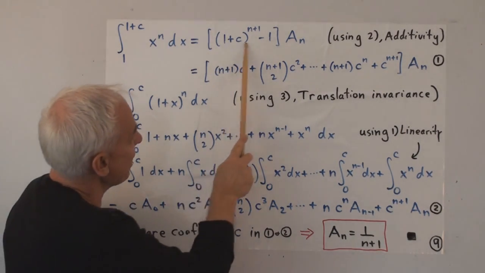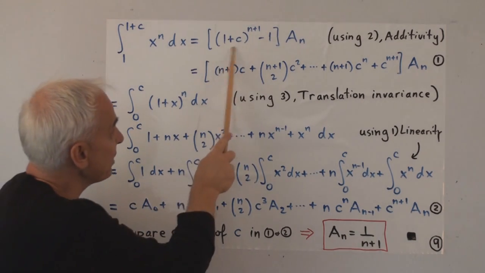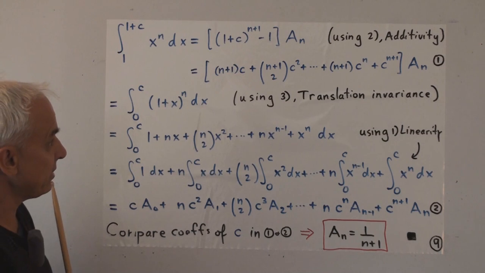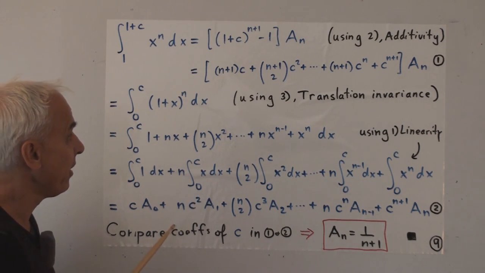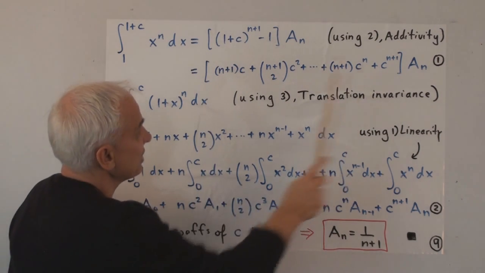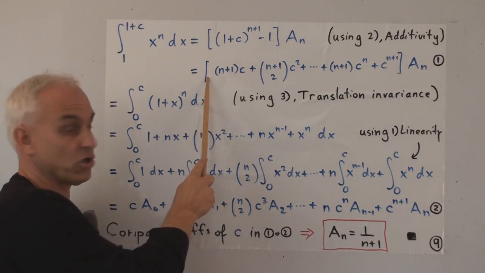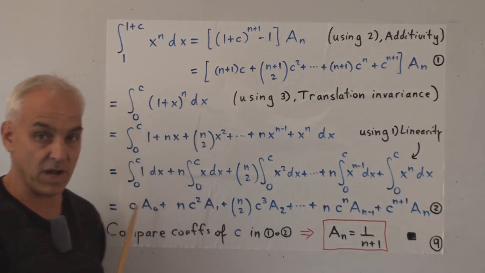Okay, now this is the binomial theorem here. We have 1 plus c. We need to raise this to the n plus first power. And that's exactly the binomial theorem. And so here's the binomial expansion of 1 plus c to the n plus 1, where I've lopped off the first term because it gets removed because we have to subtract 1.